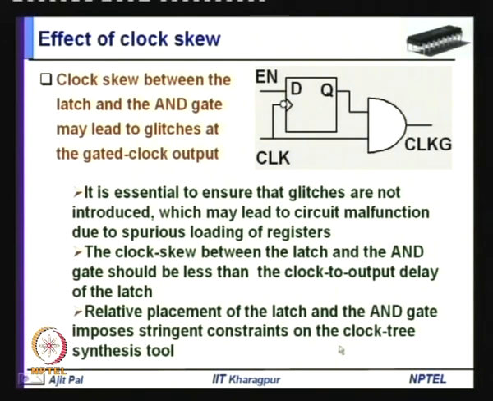So, the clock tree synthesis tool will become quite complex, because it has to take into consideration the relative placement, that means placement and routing is closely related. You have to take into consideration various factors at the time of placement and routing.